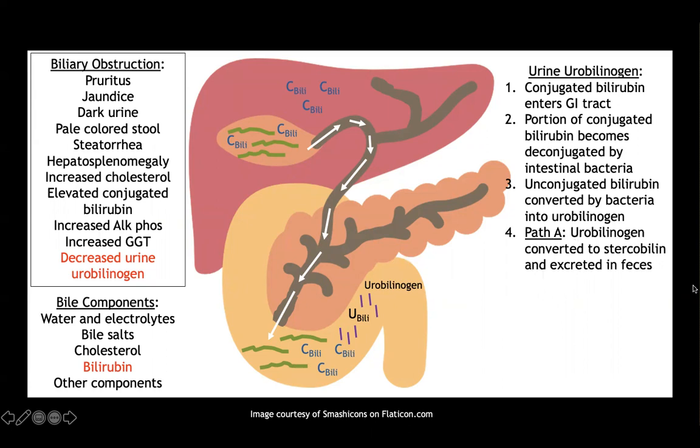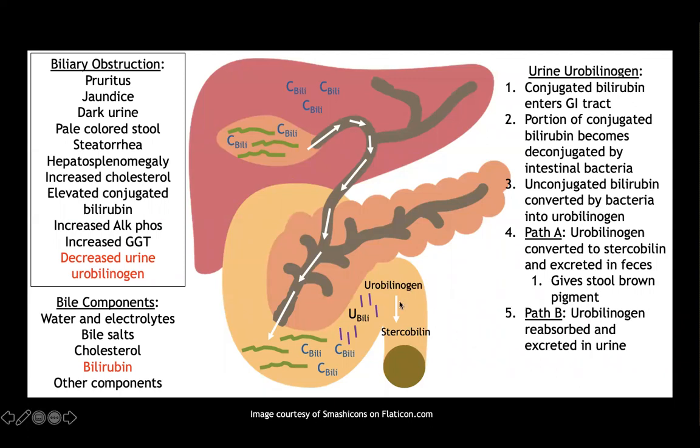This urobilinogen can do a few things. As we saw before, this can get converted into stercobilin, which causes your brown stool color, and which is why up here when we talked about pale stool, I was alluding to the fact that bilirubin is responsible for this dark pigment, and it's through this process that bilirubin provides that dark pigment as stercobilin.